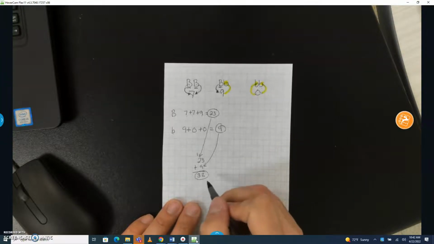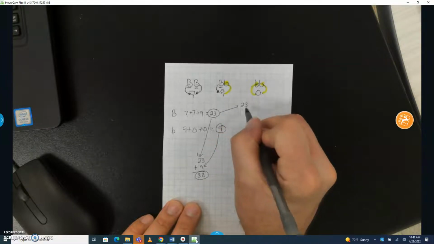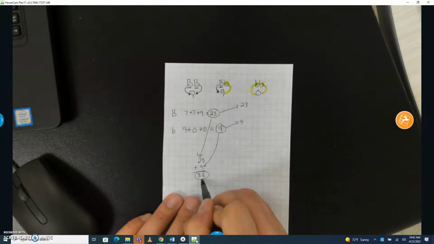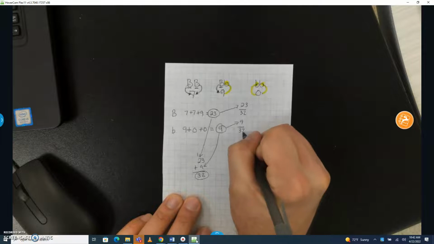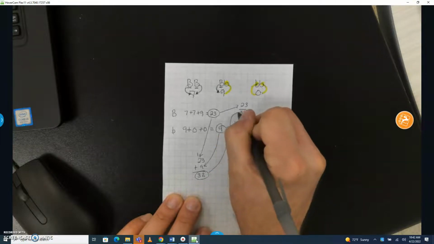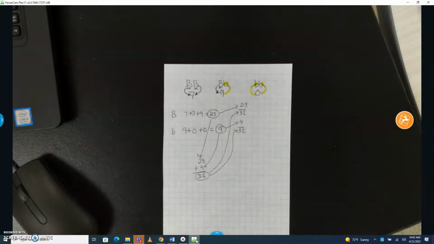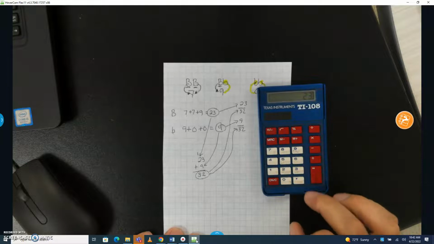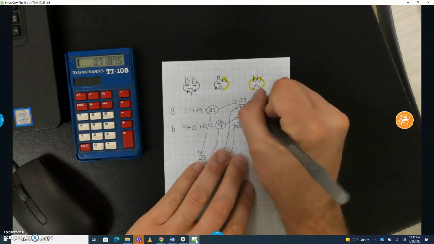This number I need to use to get my frequencies. So 23 and 9, both of those numbers I have to divide by 32. So that 32 will go there, and it will go there. Now I can break out my calculator. 23 divided by 32, 0.71.